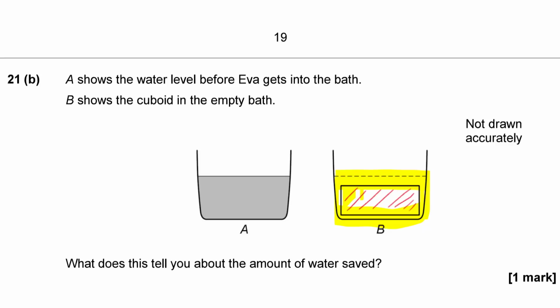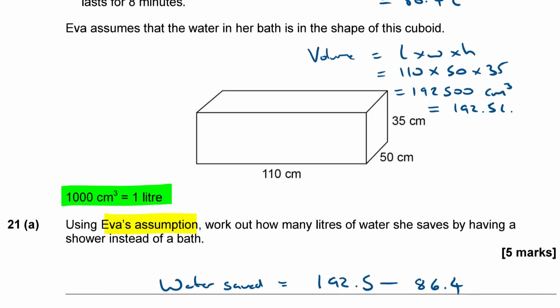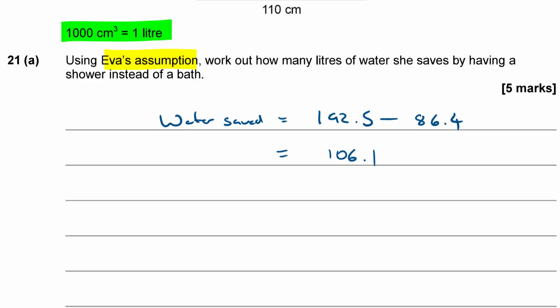Okay, so given that we have assumed that the cross section is smaller than it actually is, that means that cuboid is going to have a greater volume than it should have, which means that the water saved is going to be even more than that, because this is going to be higher than it was.